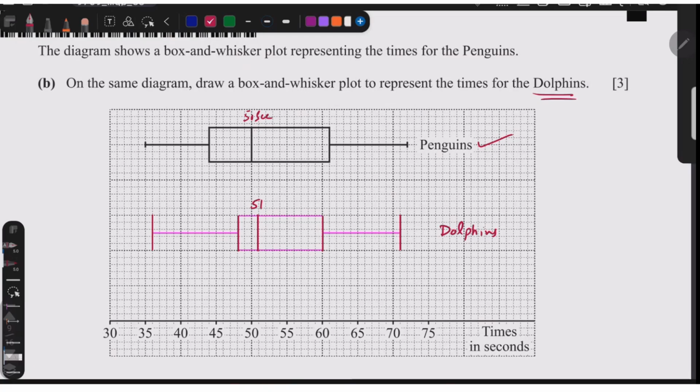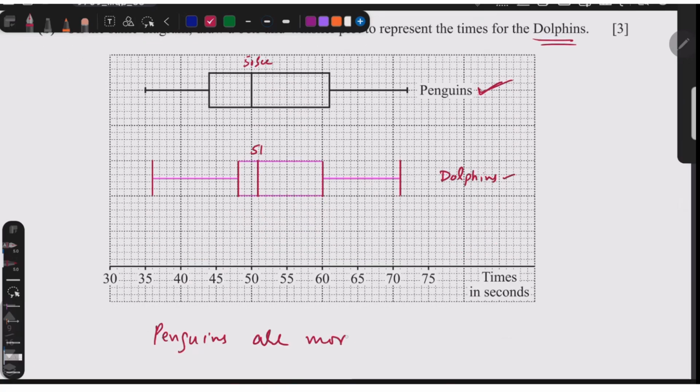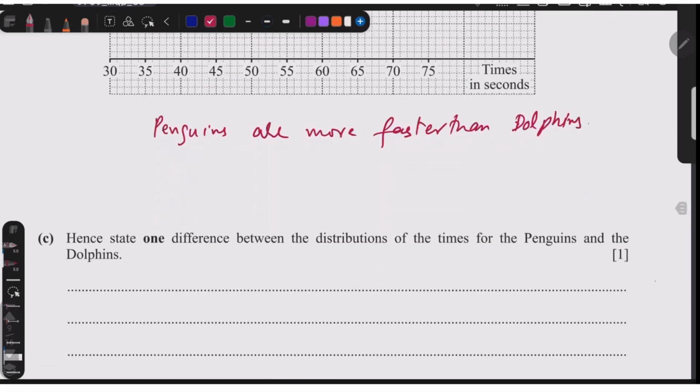So the average of penguins is less than the average of dolphins, which means that penguins are faster. So we need to write one piece of information.